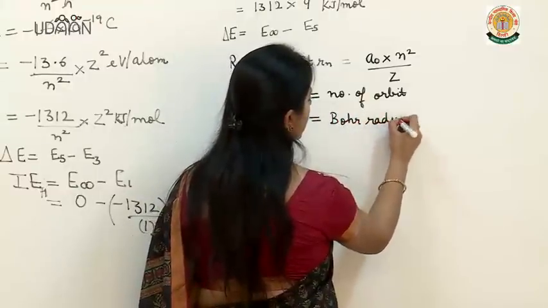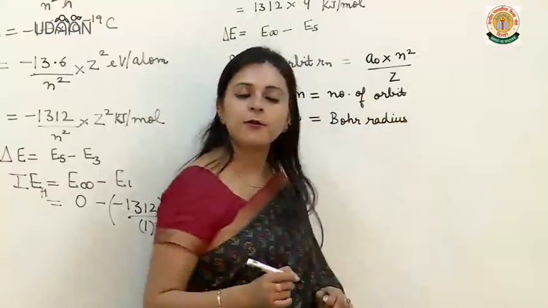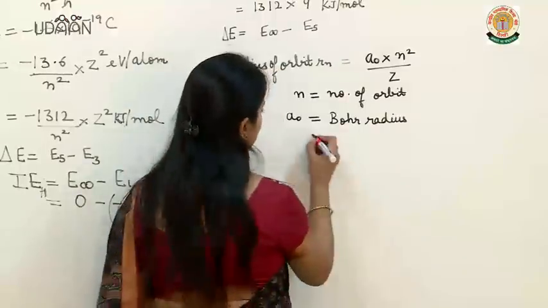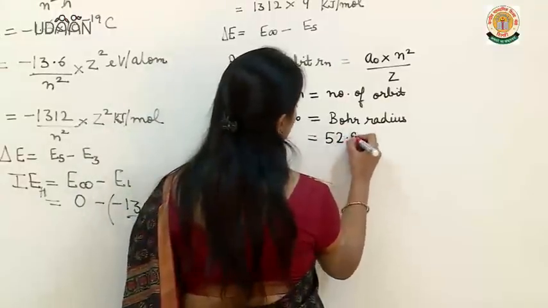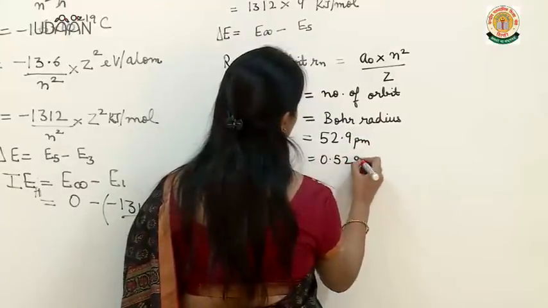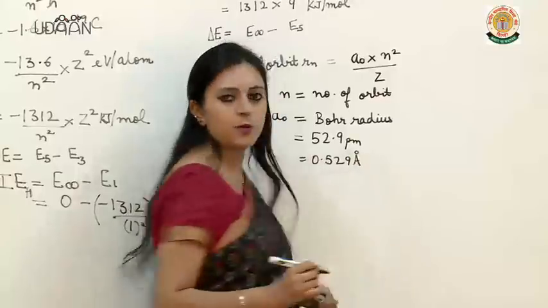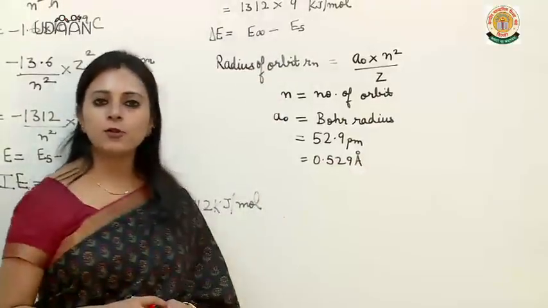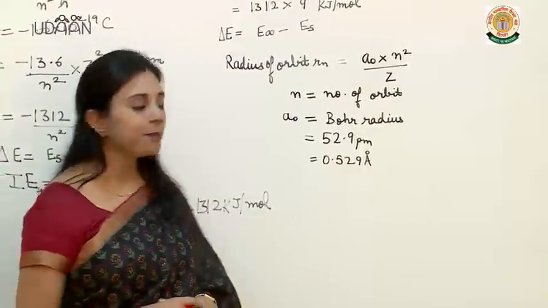What is the Bohr radius? It is the radius of the first orbit, that is 52.9 picometer or 0.529 angstrom. So, whatever units you want to substitute, you can substitute.